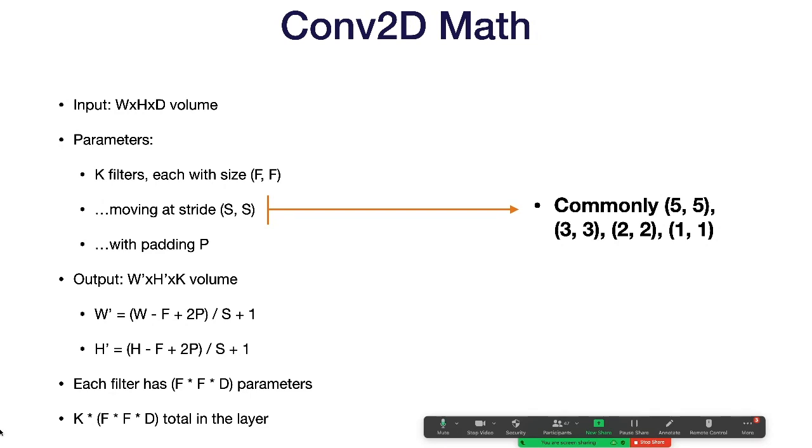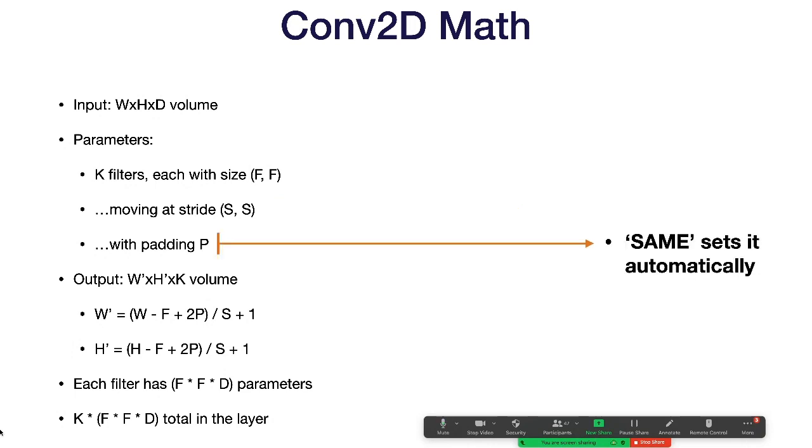Usually strides are picked so that they're almost always the same for both dimensions, and they're usually 5, 3, 2, or 1. But again, there are other choices here if you want to play around with your architecture. And then for padding, the two types that you'll usually see are same, which we discussed briefly, and then valid, which just doesn't add any padding.